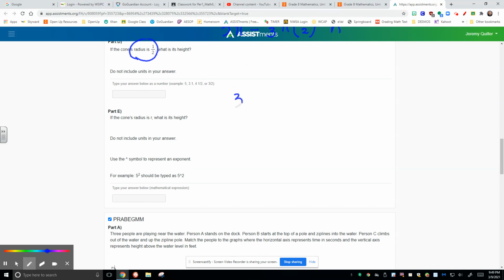So if we think about this, again, substitute what we know. 3 times pi is equal to 1/3 of pi times the radius squared times the height. So r actually doesn't change. If the cone's radius is r, what is the height? I'm looking for the opportunity to get the height, h, all by itself.